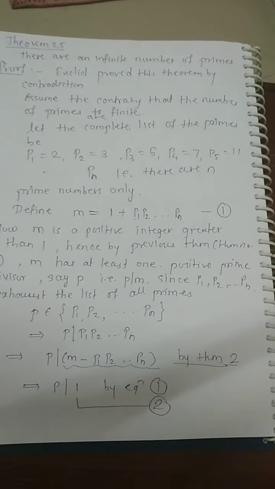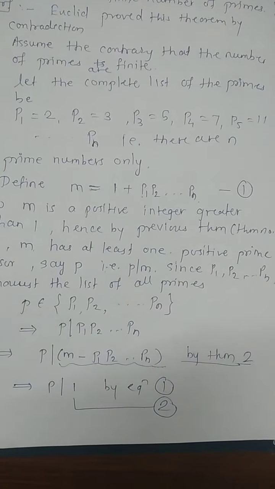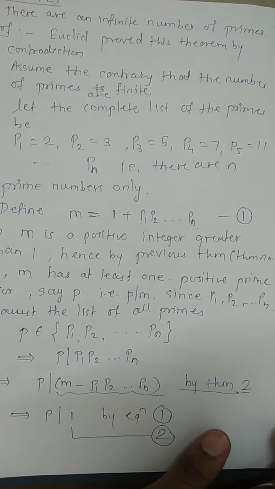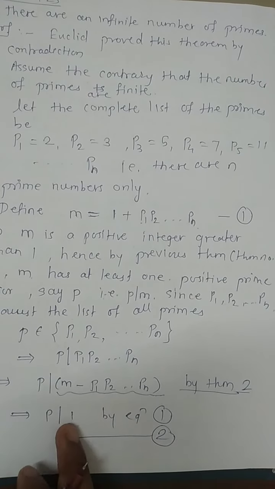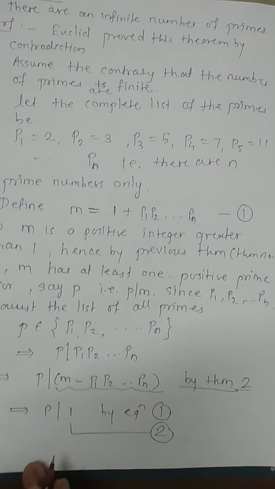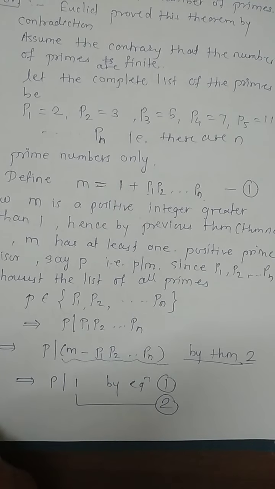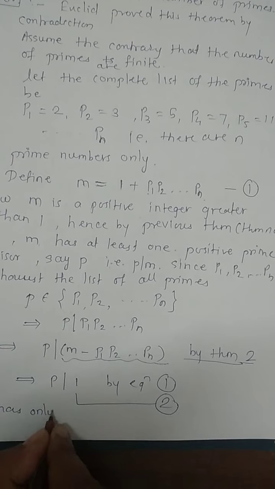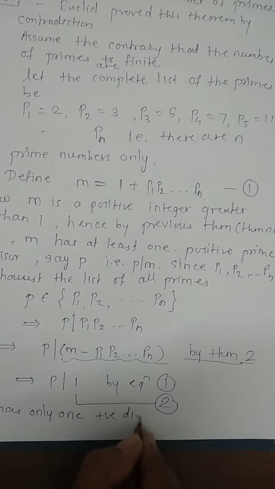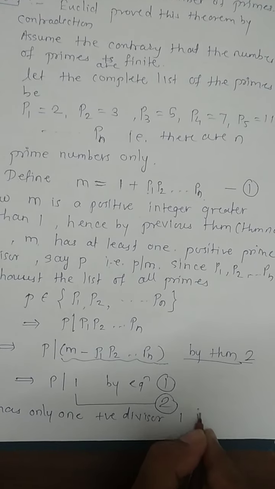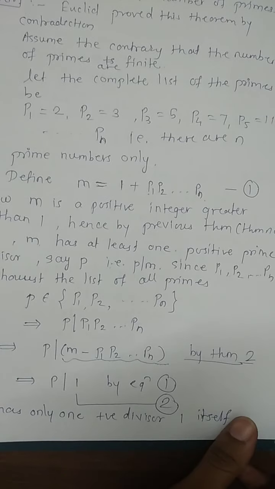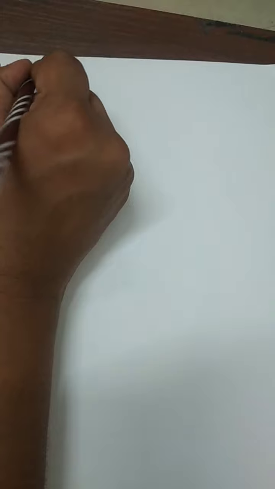Everyone understood? So P divides 1. But 1 has only one positive divisor, that is 1 itself, since P is greater than 1.